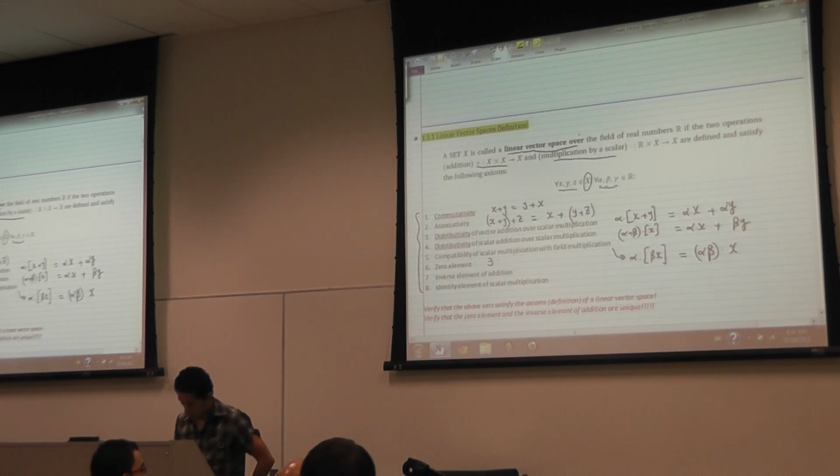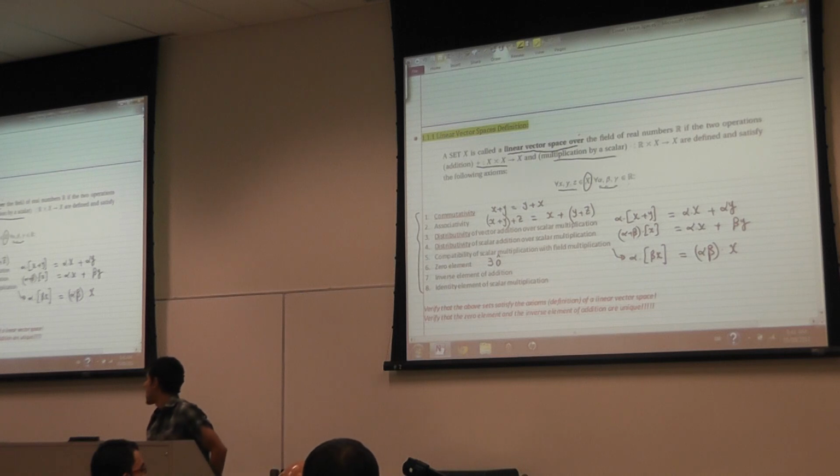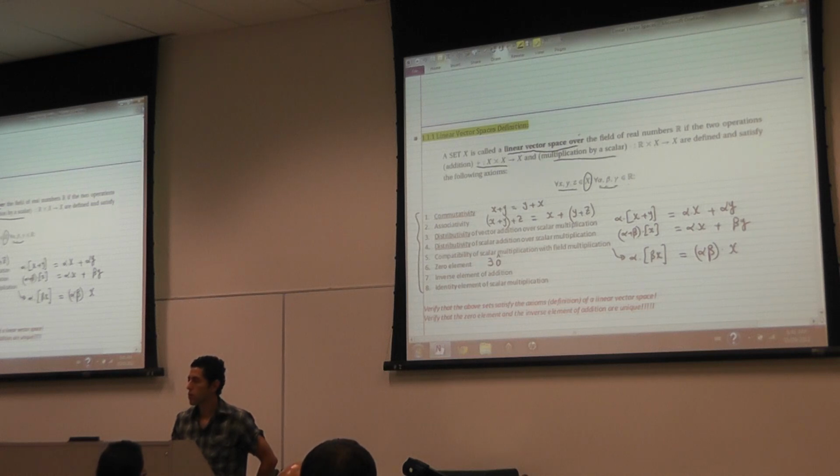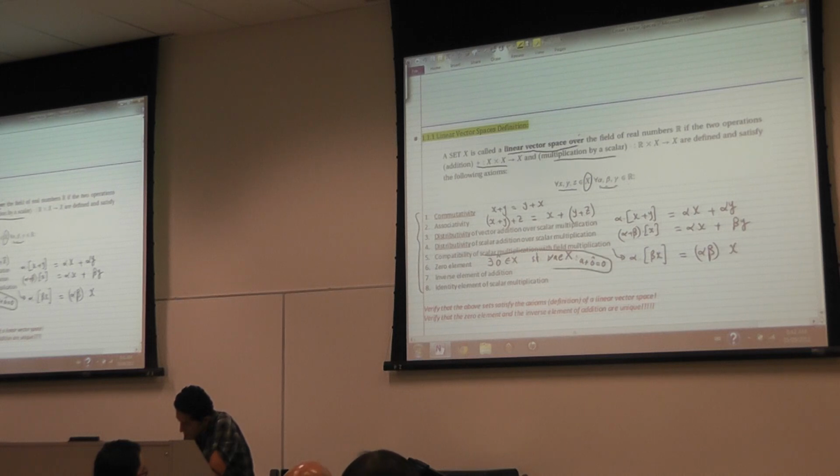There exists a zero vector, and I put a hat over the zero vector just to differentiate it from the zero that belongs to the real numbers, the real number 0. So there exists a zero vector such that for every a in x, a plus 0 is equal to a.